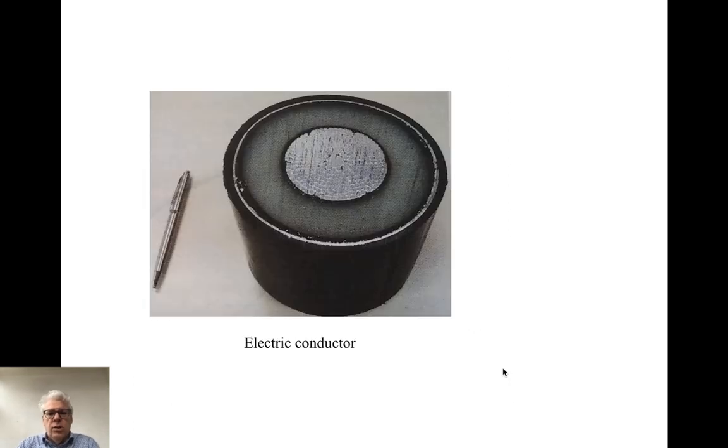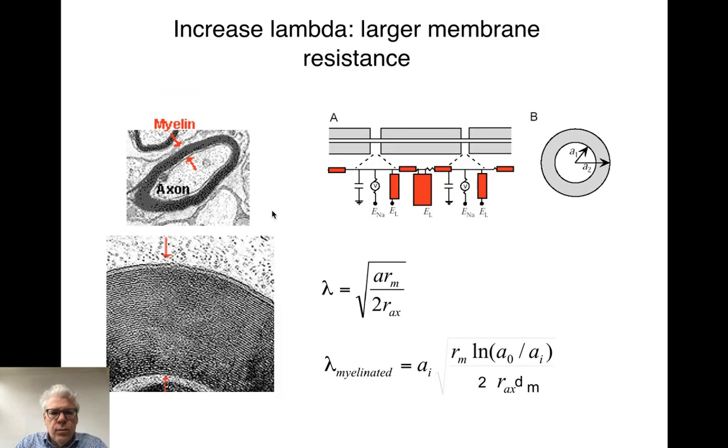Another option is to increase the membrane resistance, and this is not an axon clearly, this is an electrical conductor. This is the core, which could be copper, and this is insulation. And this very much looks like myelinated axons. So what are those?